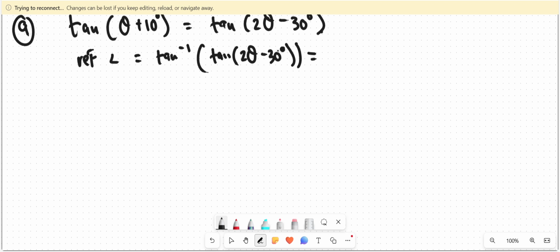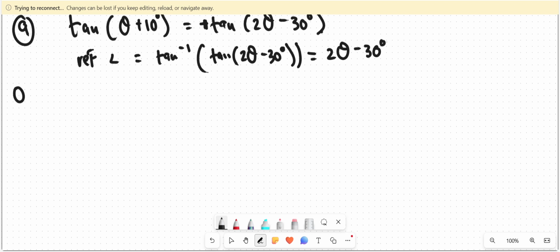So it tells me that my reference angle will be 2 theta minus 30 degrees. Now that I found my reference angle, I just need to establish where tan is positive, because this was a positive there, and tan is positive in quad 1 and quad 3.